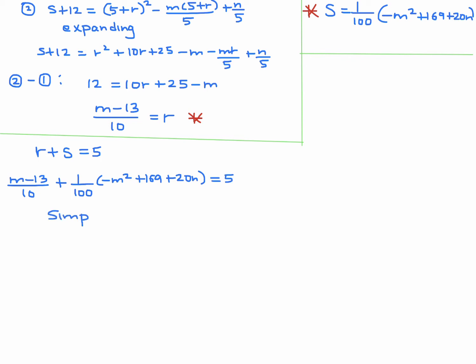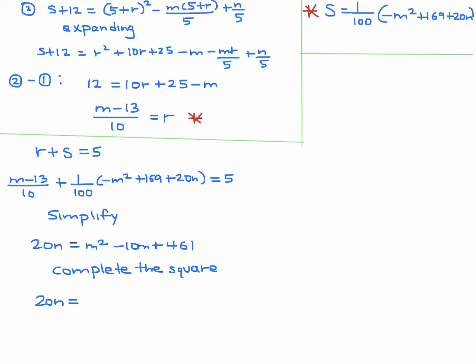Okay, so now we have to simplify this. And when you simplify, you get 20n is equal to m squared minus 10m plus 461. If you complete the square, you will be able to factor this very nicely.